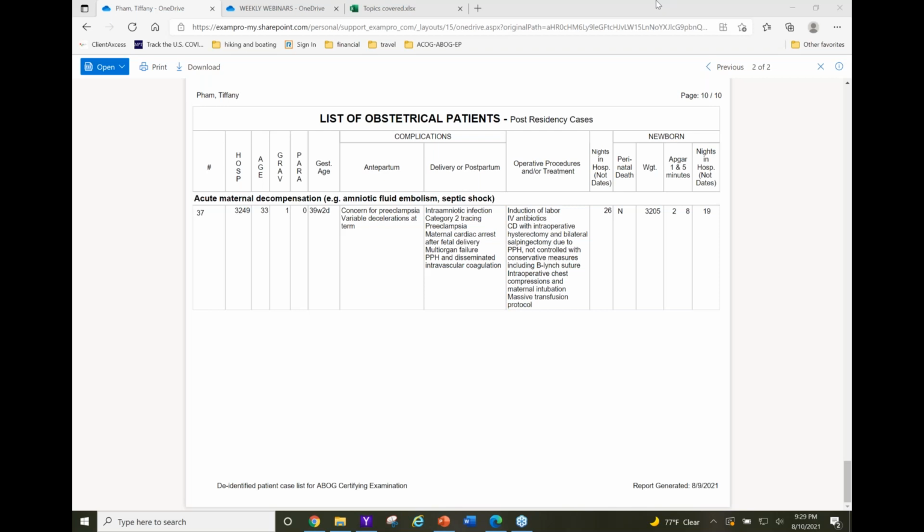It's typically characterized by a triad of cardiopulmonary instability or hypotension, coagulopathy, and DIC. Am I right?